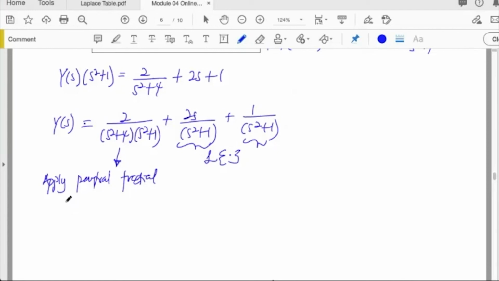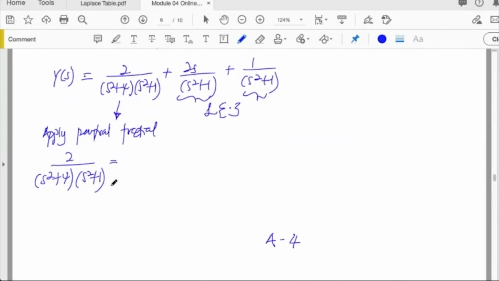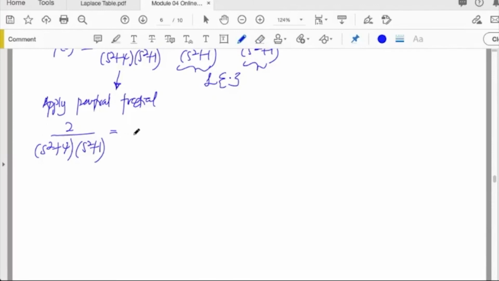So we have 2 divided by (s squared plus 4)(s squared plus 1). Okay, so the denominator, we can split it into two parts, to become s squared plus 4 and s squared plus 1.